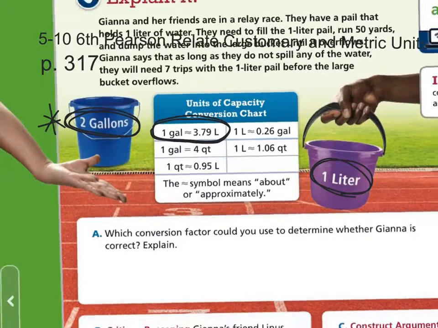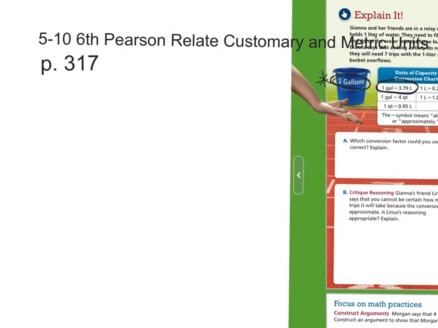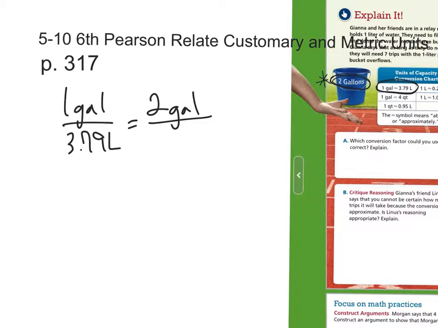So if you use this conversion factor, 1 gallon is about 3.79 liters. Actually, we could do this a little bit differently. We could do a proportion if you'd like. We're looking for 2 gallons, how many liters that is.